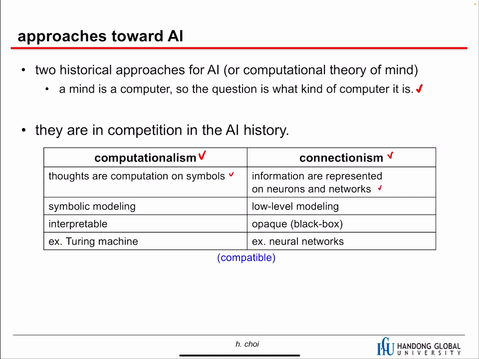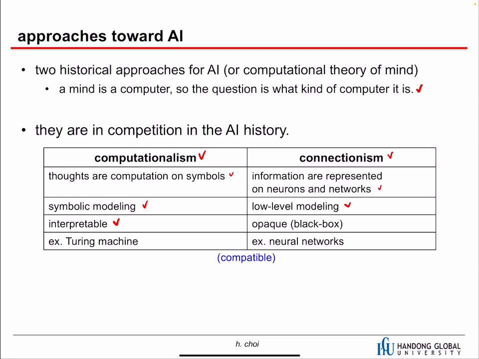So recently, deep learning is based on connectionism. In computationalism, the modeling is symbolic, because all the computations are based on symbols. But in connectionism, we represent all the information on the neurons, so the modeling is low level. And since we are computing on symbols in computationalism, it is interpretable.